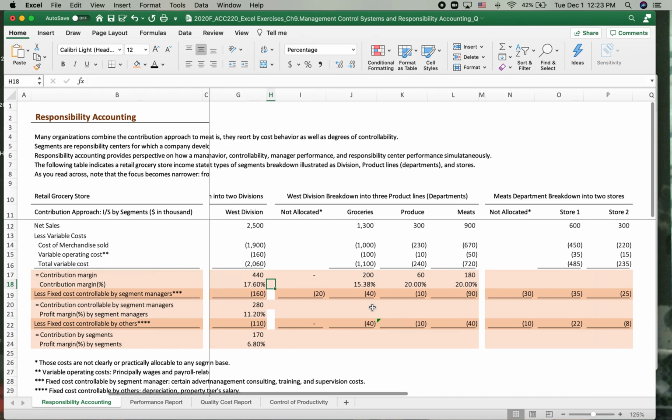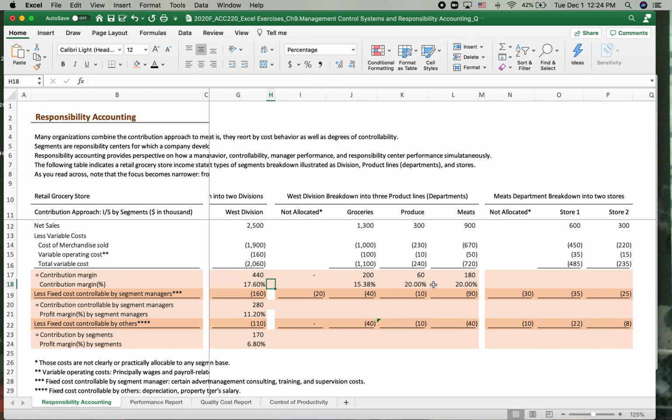The West division has the grocery, produce, and meats departments with 20%, 20%, or 15%. The grocery department contribution margin is 15.38%, a little bit lower than the other departments.